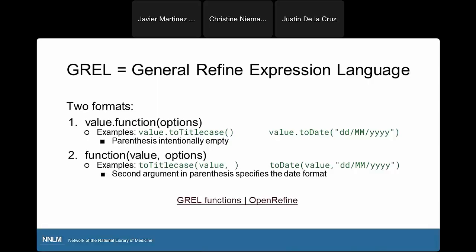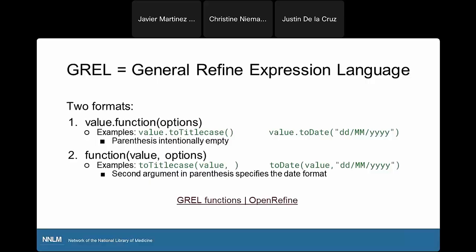And GREL functions can be written in two kinds of ways, so two formats. The first one, you can see, is where you have value, which is the original, starting value, dot function, and we're going to look at different kinds of functions. toTitleCase, toDate are some of these functions. And then in parentheses, options, or if you're used to other programming languages, arguments, where we put the different options we want to change about the function.